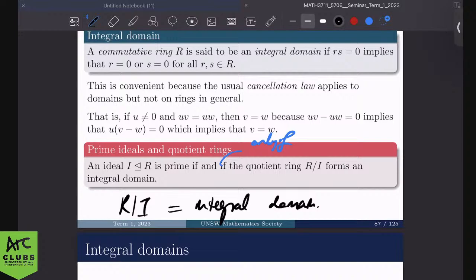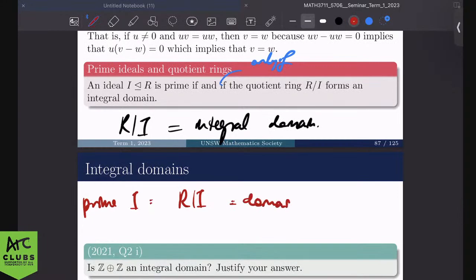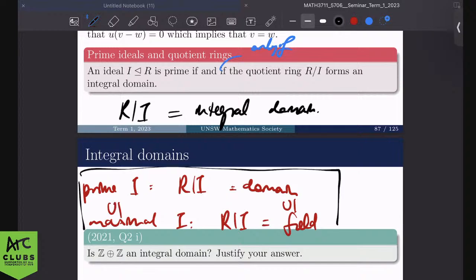Because if you have a prime ideal I, then R on I is a domain, but if you have a maximal I, then R on I is actually a field, which is a stronger property, right? So because field is stronger than domain, maximal is stronger than prime, right? So hopefully that helps you remember these two properties. But yeah, if you do R quotiented over I for a prime ideal, then the quotient ring forms a domain.